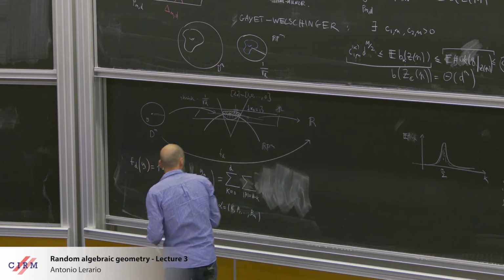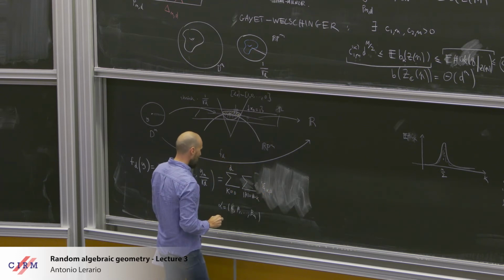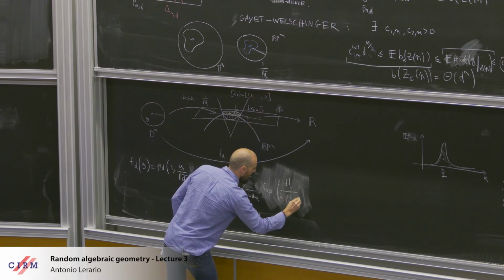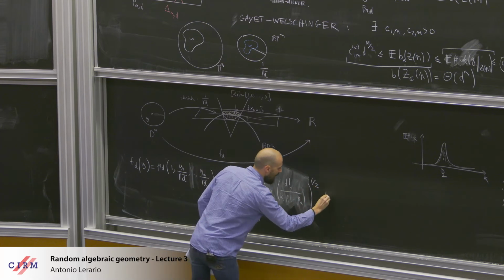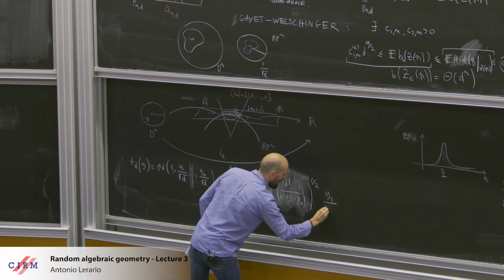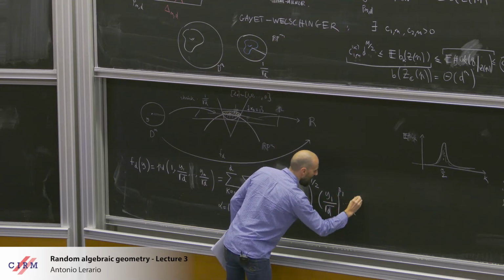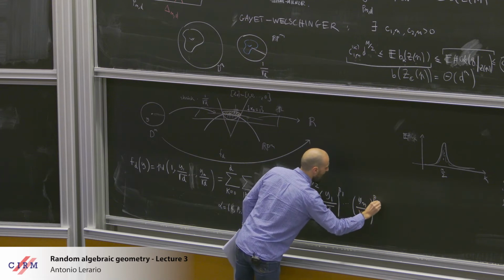So there is the Gaussian variable, and then there is the weight, d factorial over k factorial, beta 1 factorial, beta n factorial to 1/2, and then there is y1 over square root of d to the beta 1, yn over square root of d to the beta n.